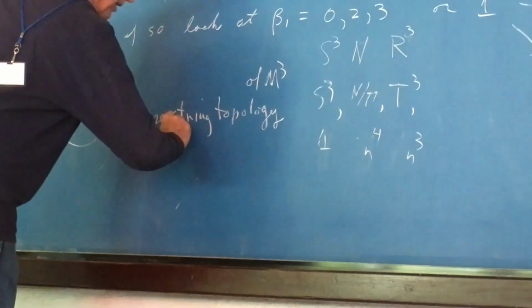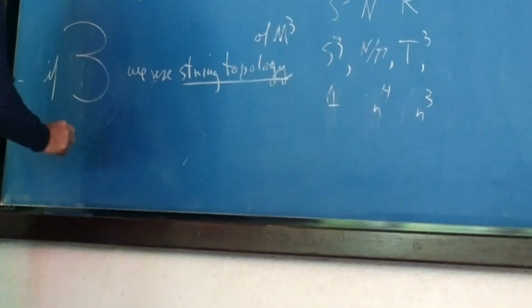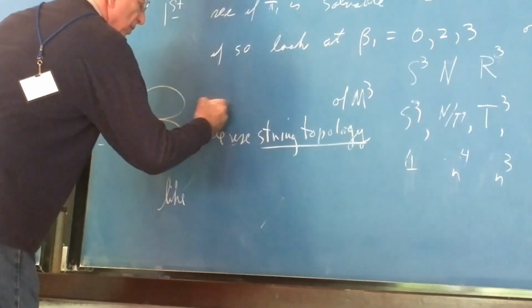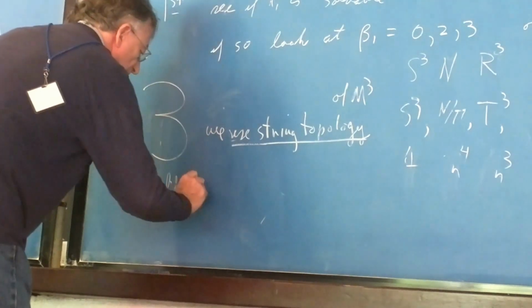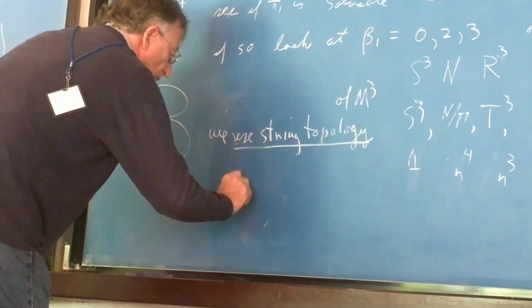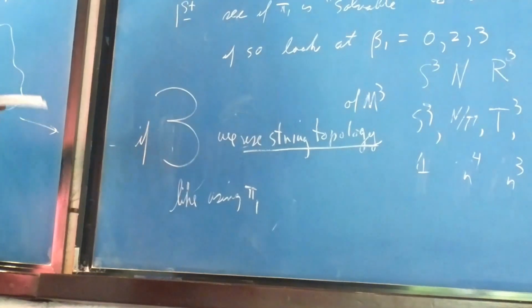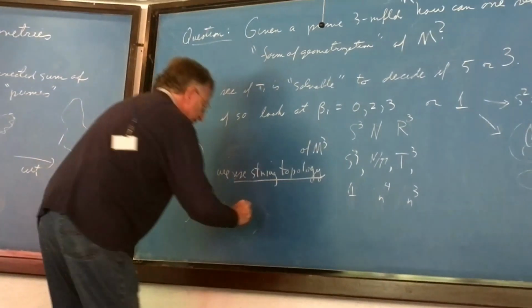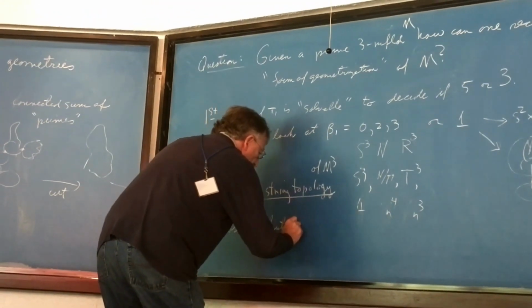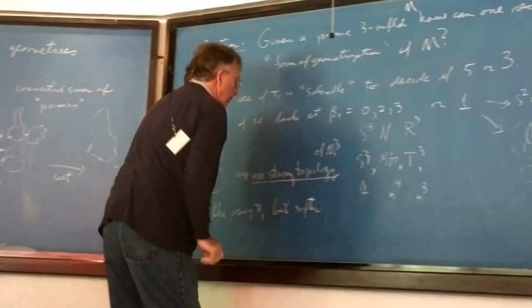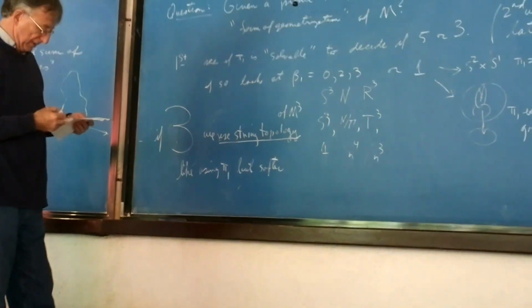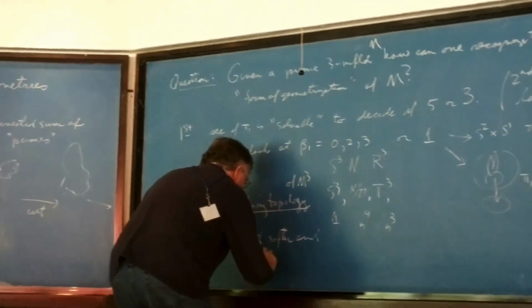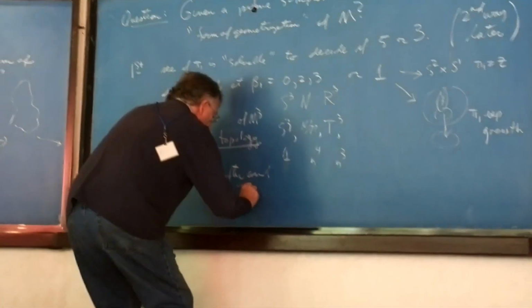This string topology is like using pi 1. So we use string topology. Using string topology is like using pi 1, but it's softer. A little softer, and it sort of uses Poincare duality.